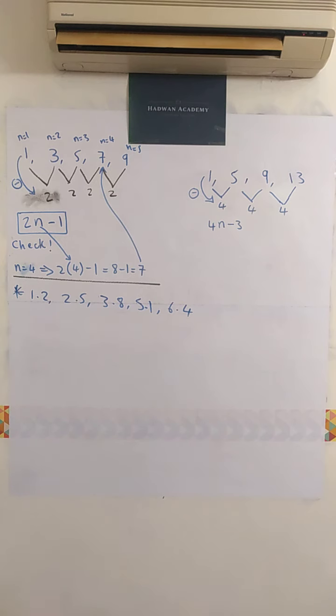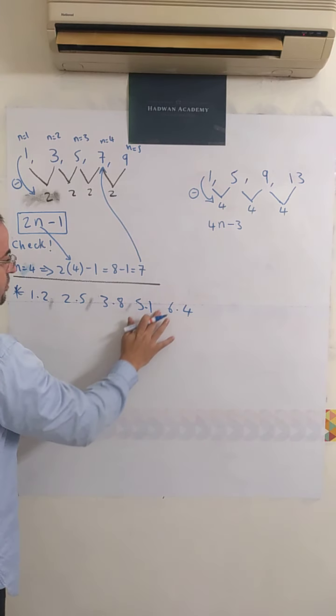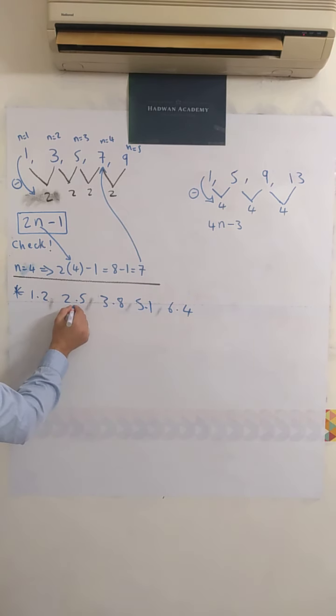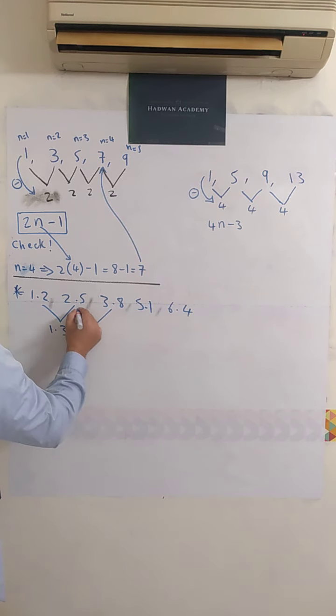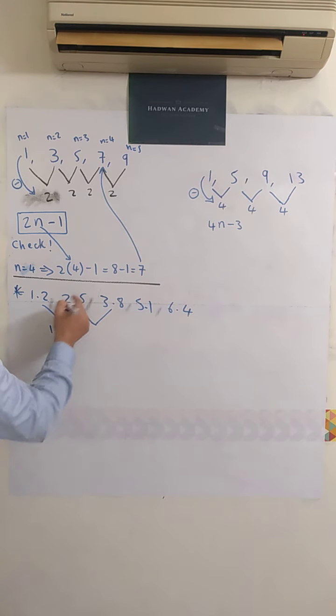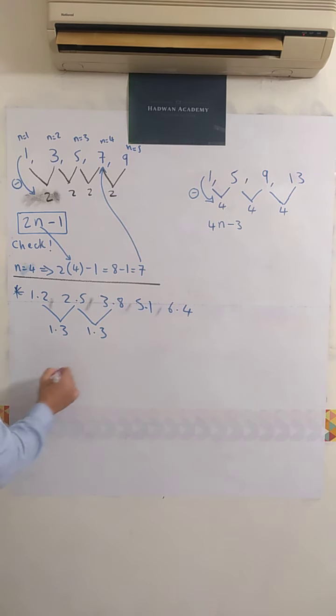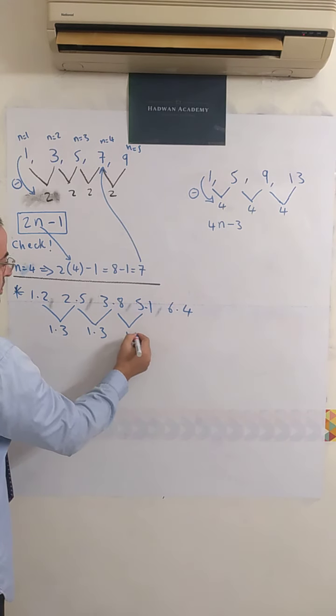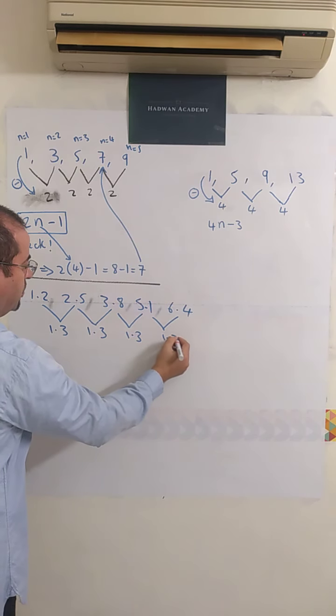So if I have this sequence, 2.5 minus 1.2 becomes 1.3. You can find the difference by calculator. And 3.8 minus 2.5, I got 1.3, and here 1.3, and here 1.3.